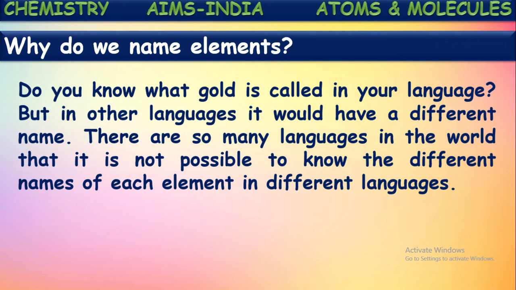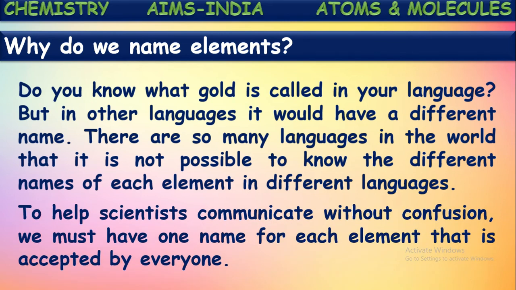There are so many languages in the world that it is not possible to know the different names of each element in different languages, isn't it? If we know the name of an element in one particular language, the name might be different in another language. So remembering the name of an element in different languages will be difficult for us.